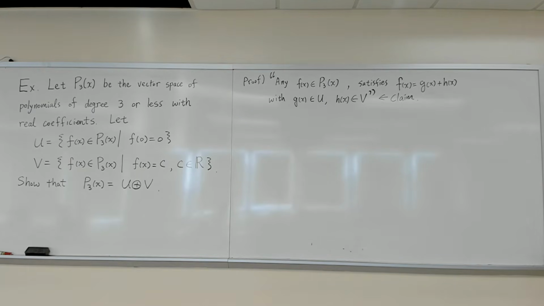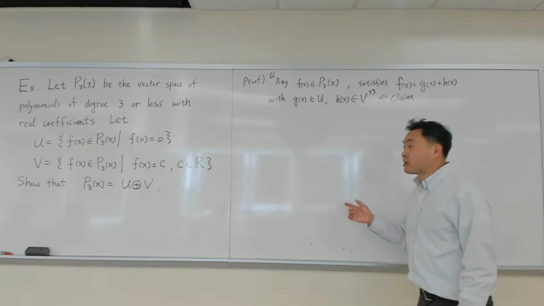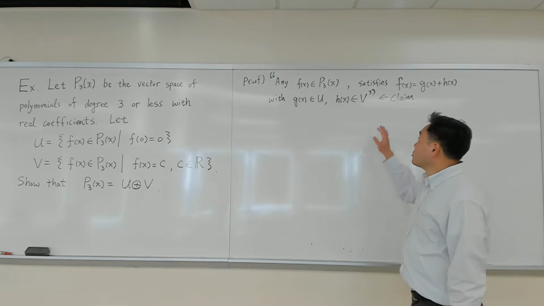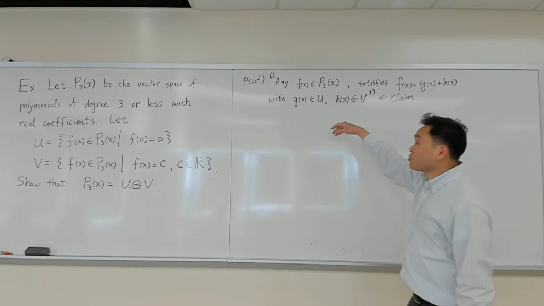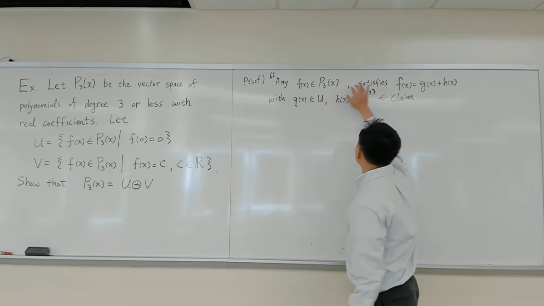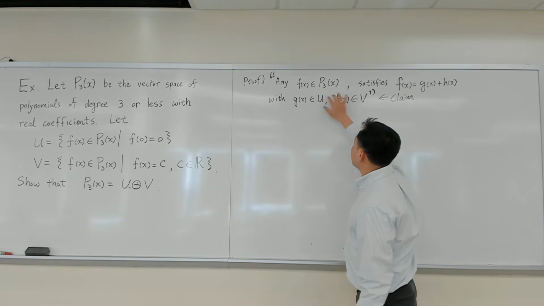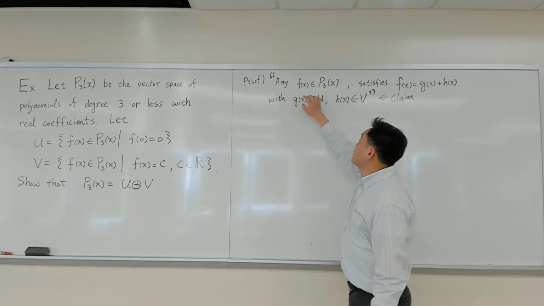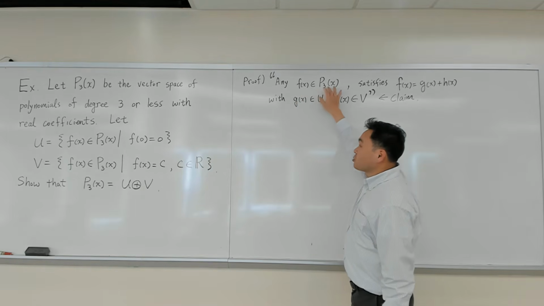But in order to show this statement, as we have learned last time, anytime you want to show a statement like this, you first have to investigate each one of these parts and try to think what it means. So f of x is in P3x. What does that mean?